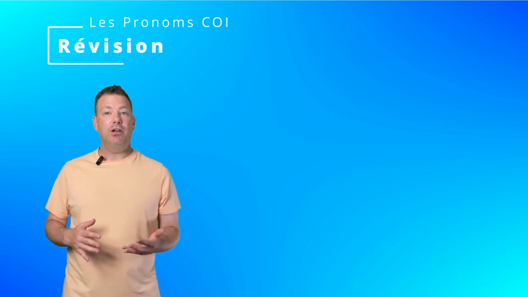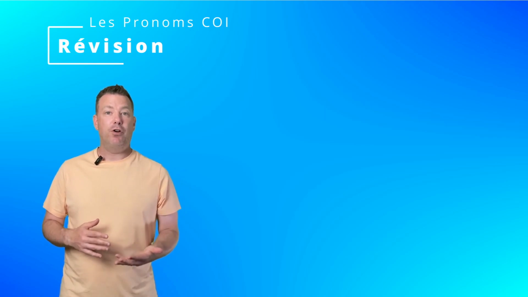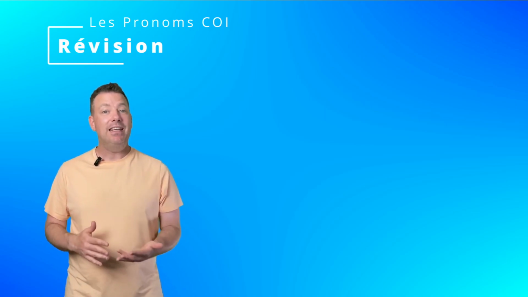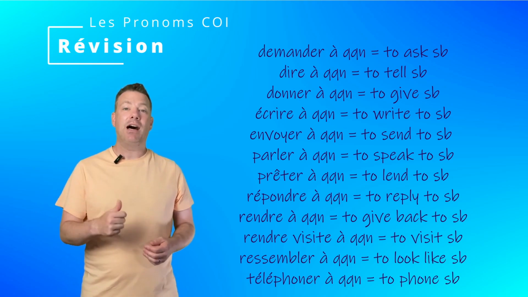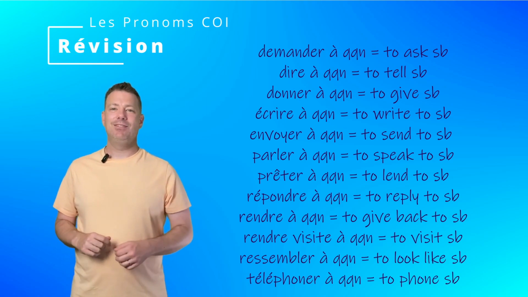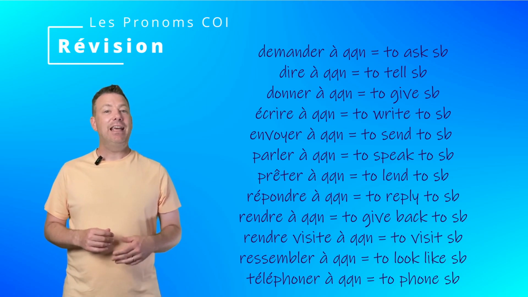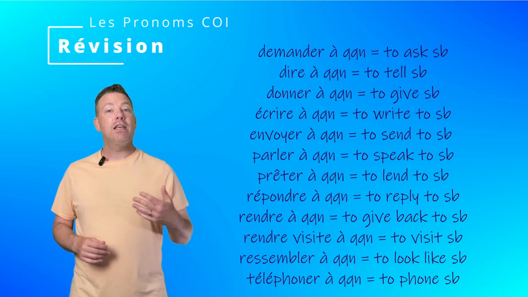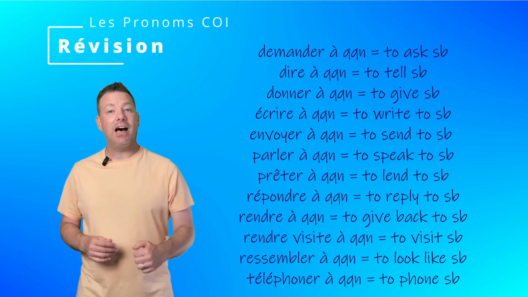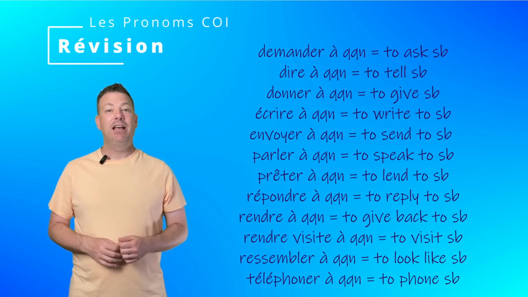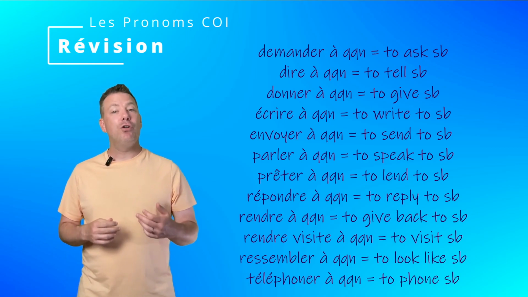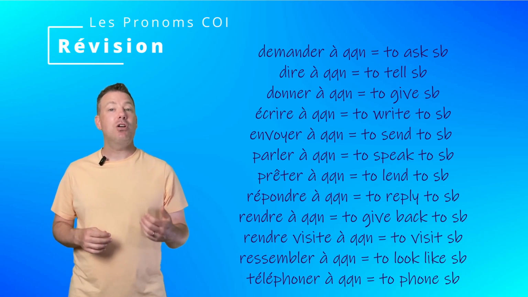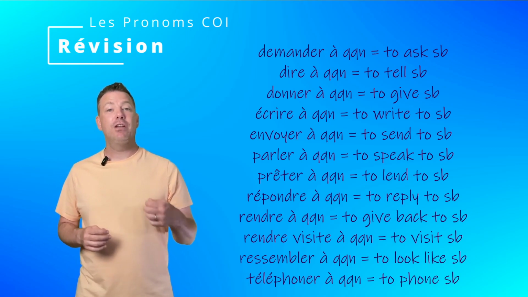In the previous video, we reviewed a list of verbs used with an indirect object complement. Here it is. Demander à, dire à, donner à, écrire à, envoyer à, parler à, prêter à, répondre à, rendre visite à, ressembler à, téléphoner à.